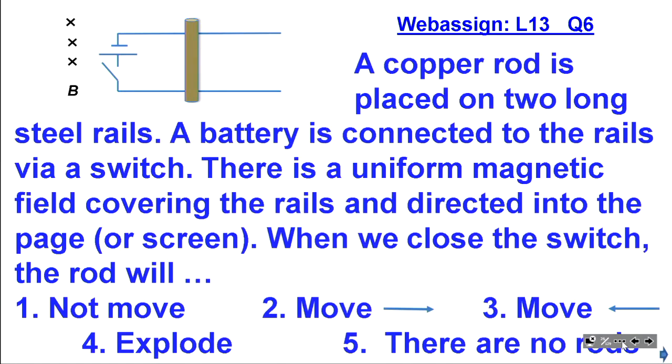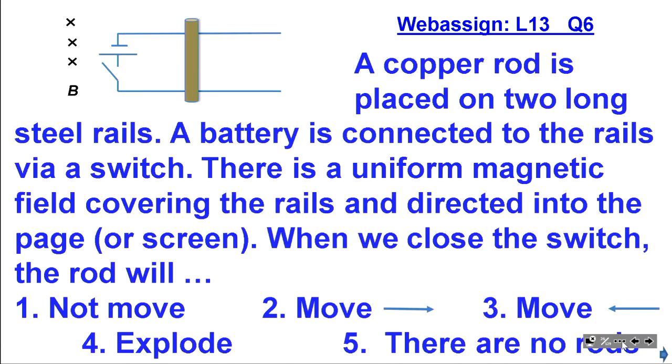And you should use this time to answer the question. When I close the switch, in that particular example, the magnetic field points into the screen. So when I close the switch, electric current will begin traveling in the circuit. How? Well, you should know this answer.